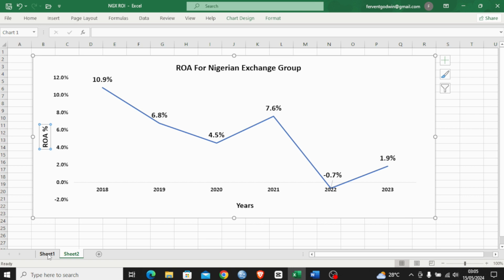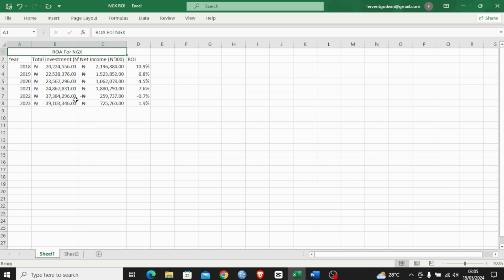Let's go to the data set for the return on assets. It's a ratio that is computed from the total assets and the net income.